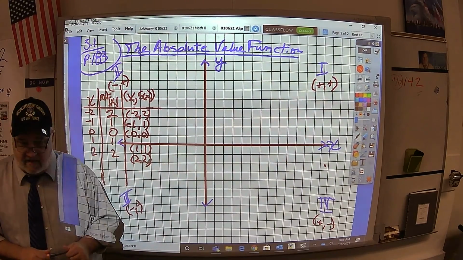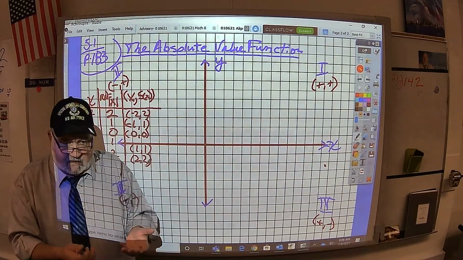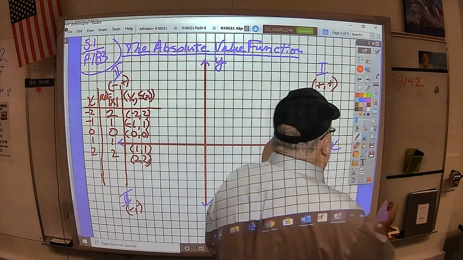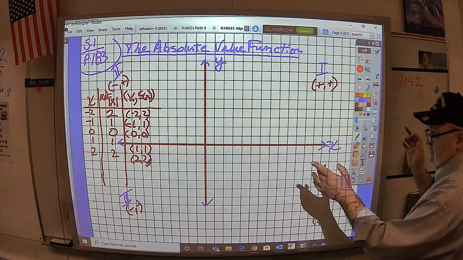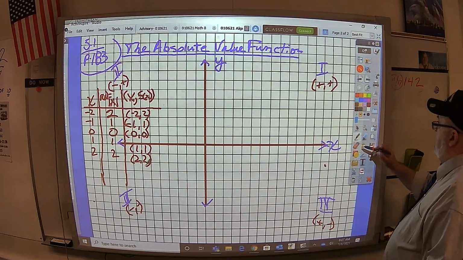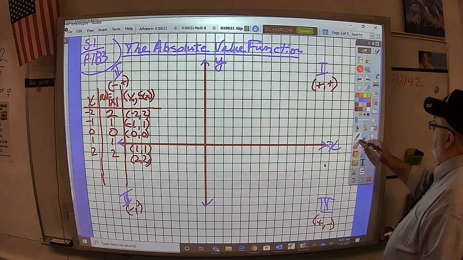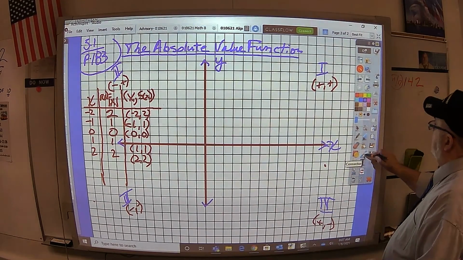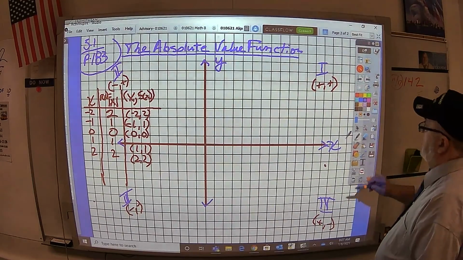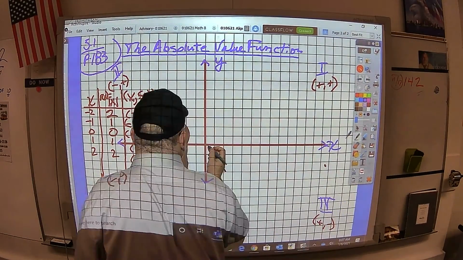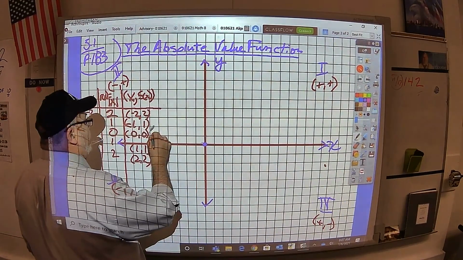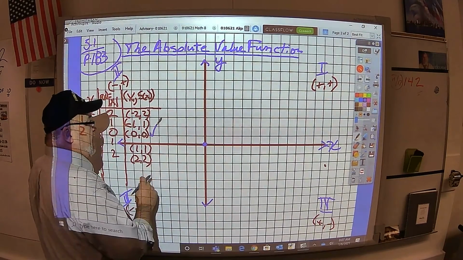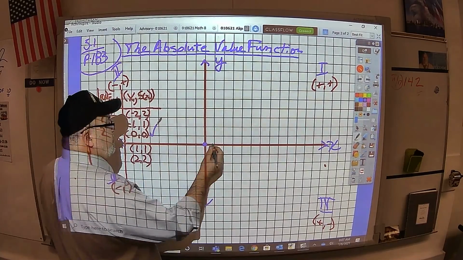Now, knowing that there's not a lot of challenge to that, I'm going to graph it. I'm going to graph the positive ones from the origin first, just because I want to. So here's the origin, right? Check, got it. Next positive one is 1, 1.